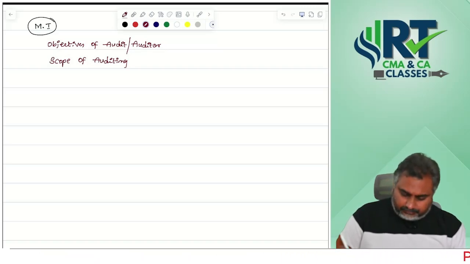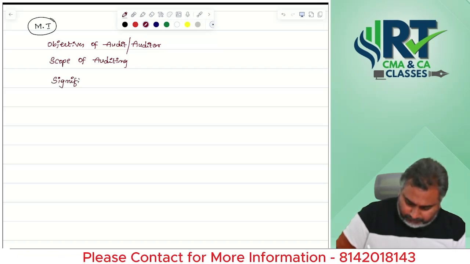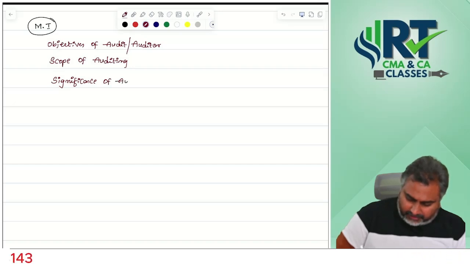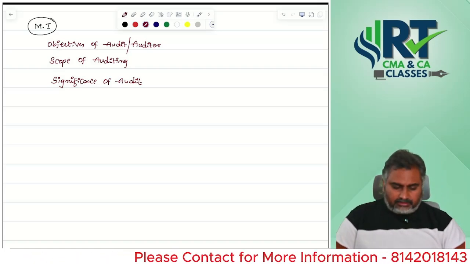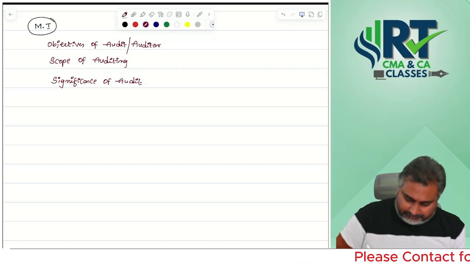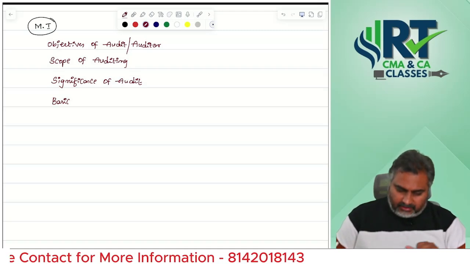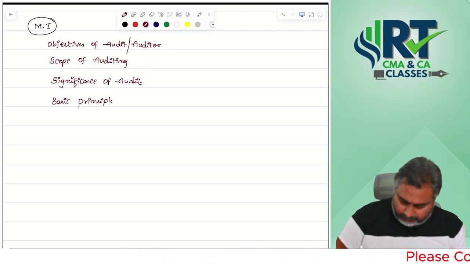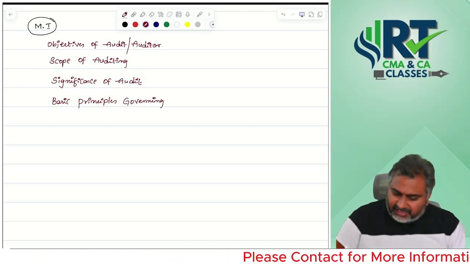Next, significance of audit, which you may also call advantages of audit. Next, basic principles governing an audit.